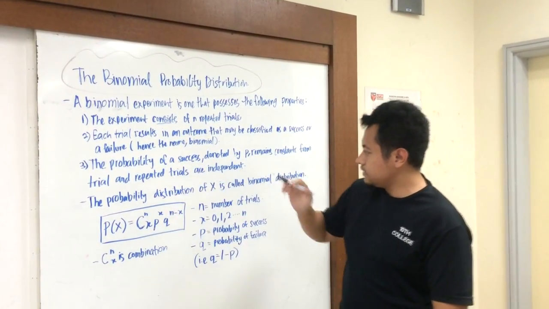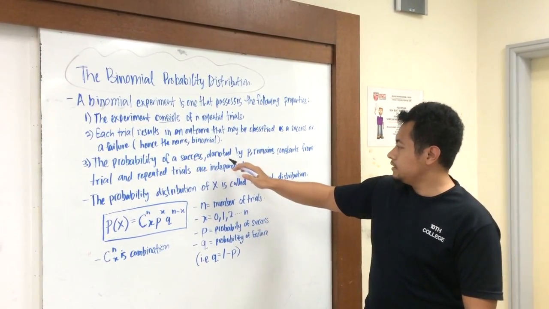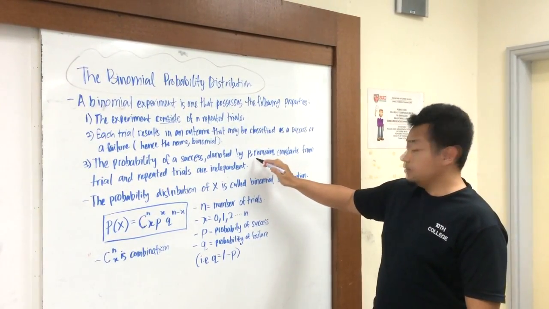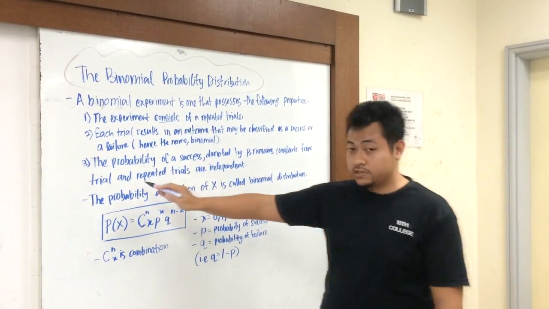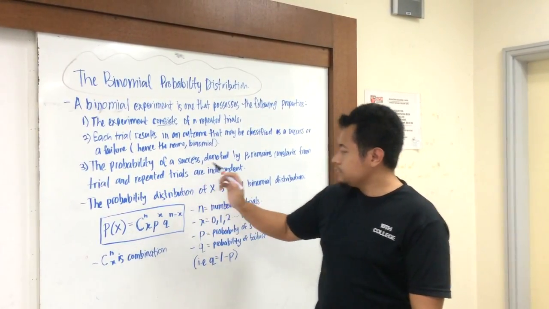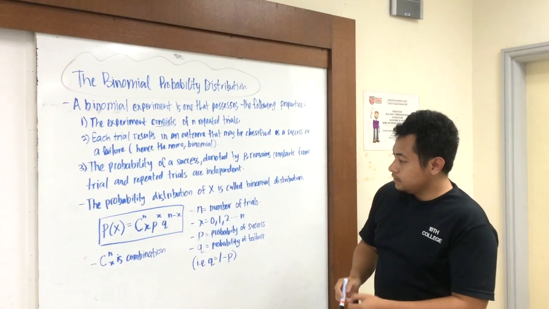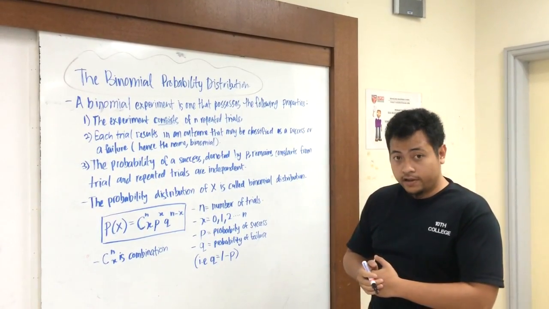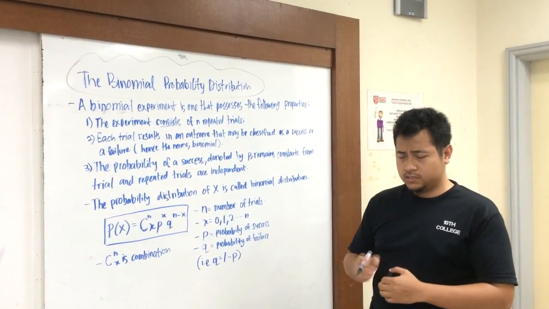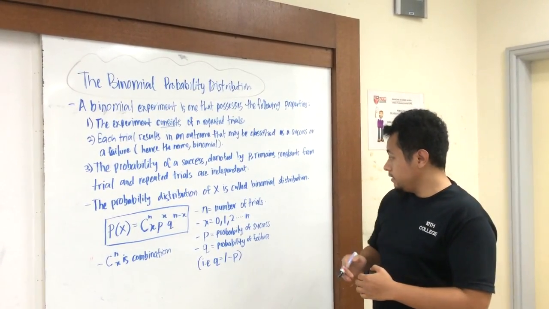The probability of success is denoted by P, which remains constant from trial to trial, and the repeated trials are independent. The probability distribution of X is called the binomial distribution.